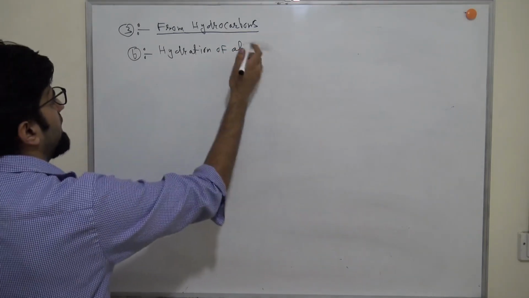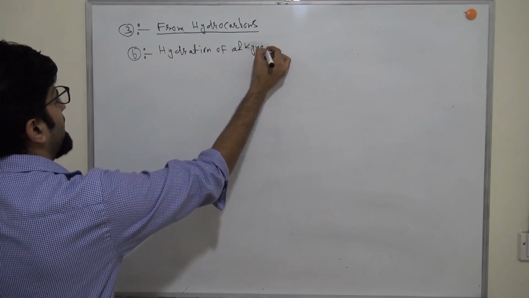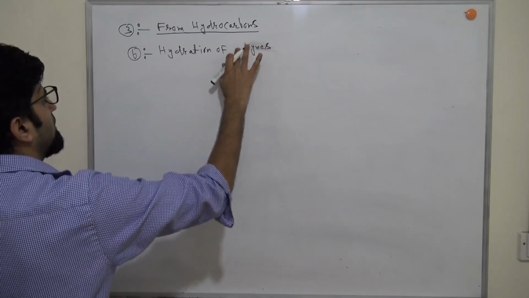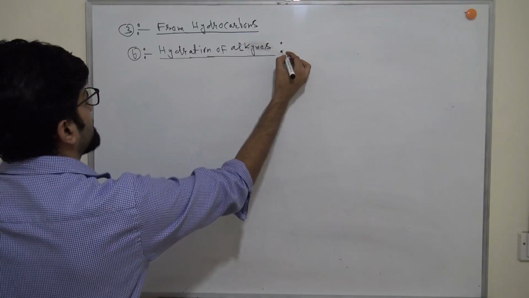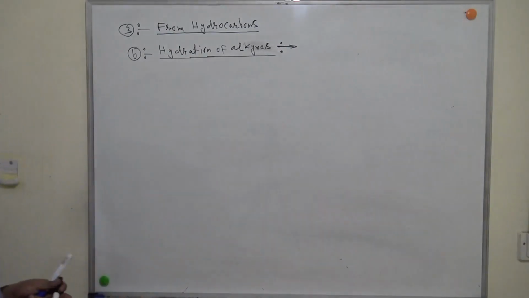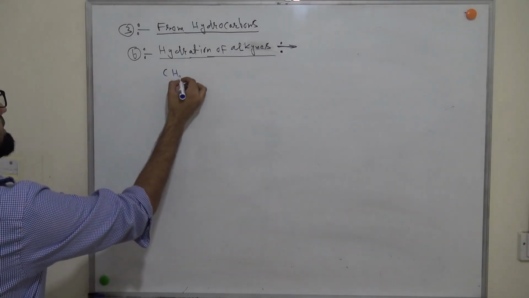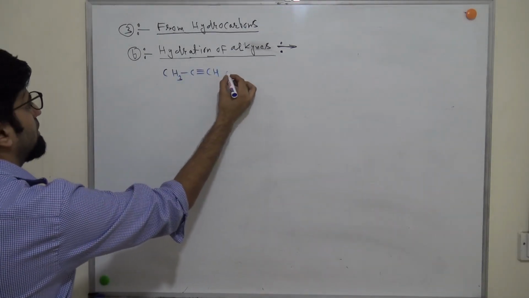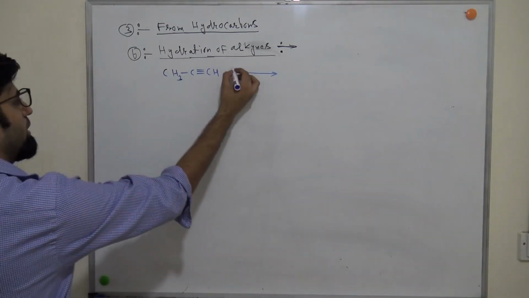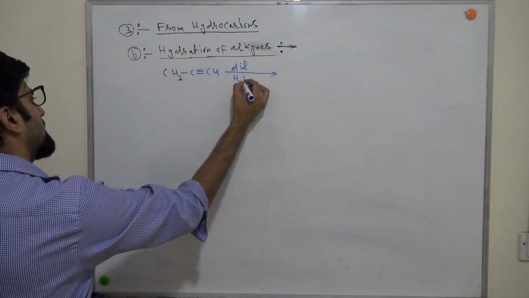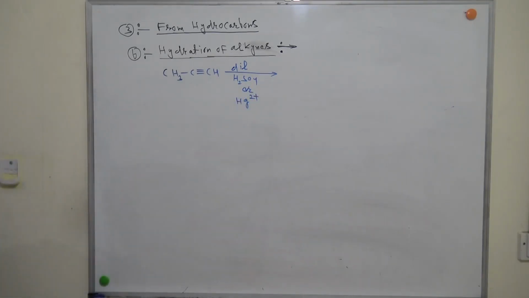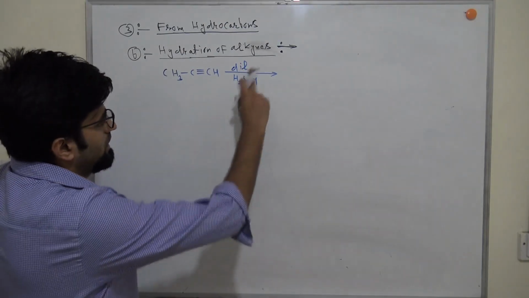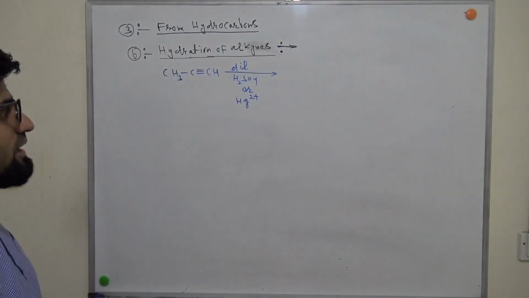Alkene gives alcohol, right? Hydration of alkynes. This is important. Suppose we have an alkyne like this, CH3 C triple bond CH. You can use dilute H2SO4 as the hydration agent, or I have seen that we can also write Hg2+ with water. Both are hydration agents.